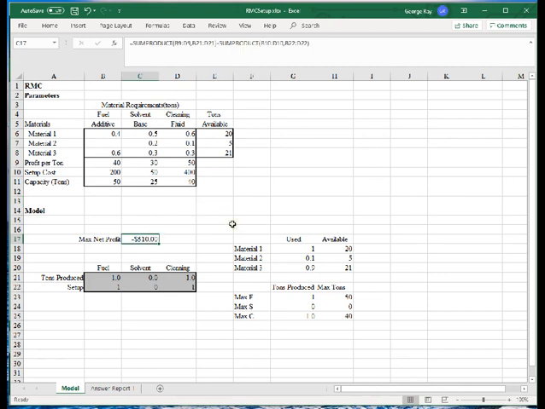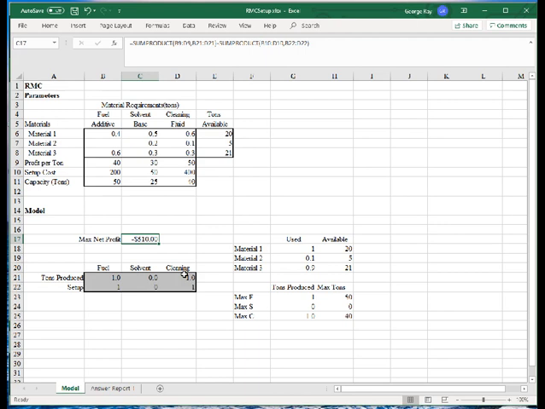Here you see the net profit is going to be equal to the profit per ton that we make times the quantity that we make for each one of the items.